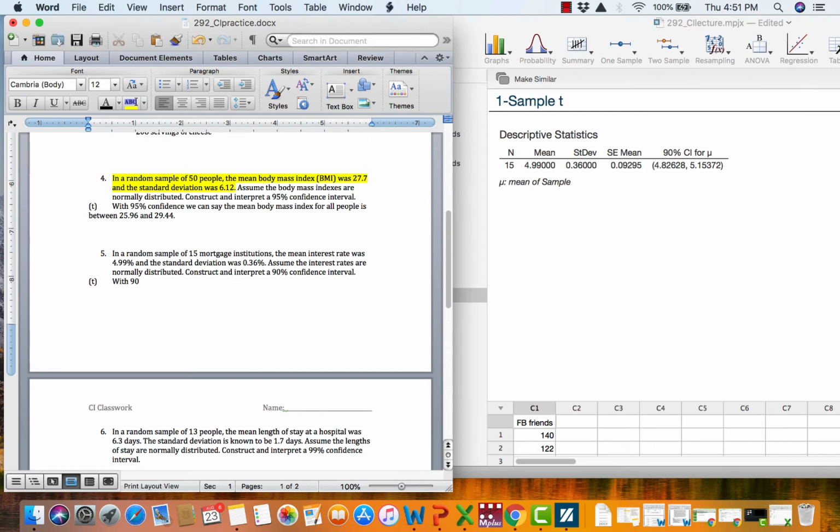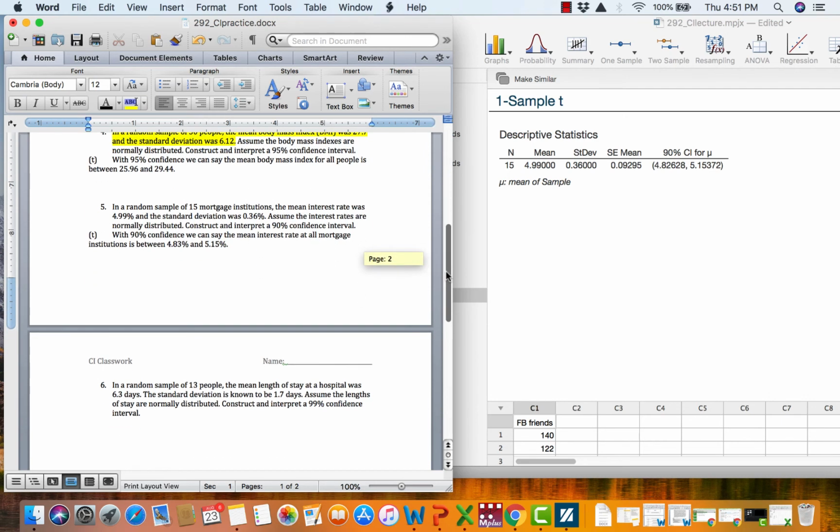So with 90% confidence, we can say the mean interest rate at all mortgage institutions is between, now we want to add those percent symbols back in, 4.83% and 5.15%. Okay.